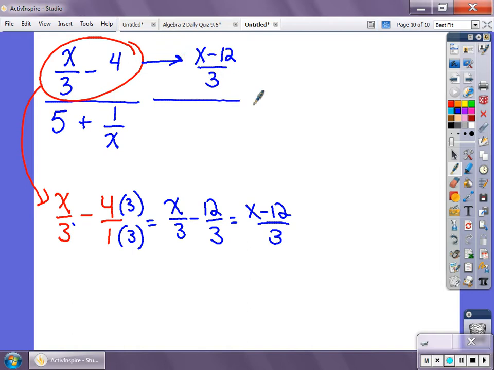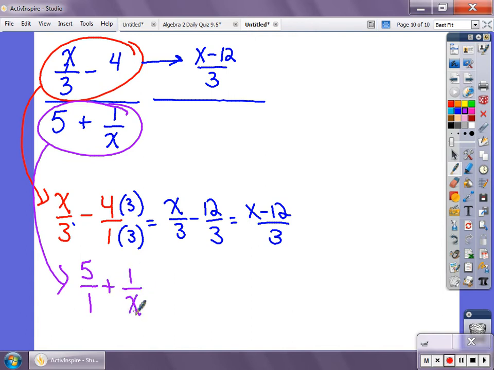That's the goal. You want to make one fraction in the numerator. Over here we've got 2. Now what we'll do is deal with the 5 plus 1 over x. I'm going to write 5 as 5 over 1 plus 1 over x. Trying to think of the common denominator between 1 and x, this guy needs an x over here. So we'll multiply by x on both sides.